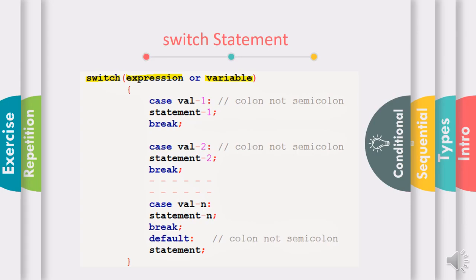Then we use the curly bracket. This is the start of the switch statement and this is the end of the switch statement. In a switch statement, we use multiple cases like case 1, case 2, case 3 and so on, depending upon the number of choices or alternatives that we have.